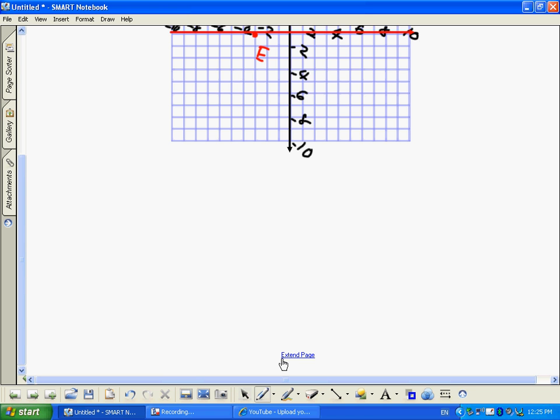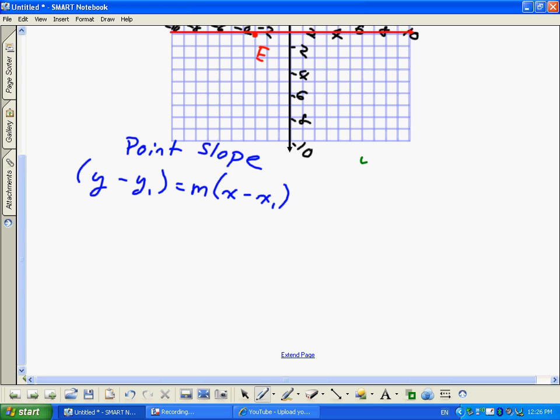We have our y subtract y1 is equal to m times x subtract x1. It's our point slope form. And we also have our y-intercept form, which is y equals mx plus b.